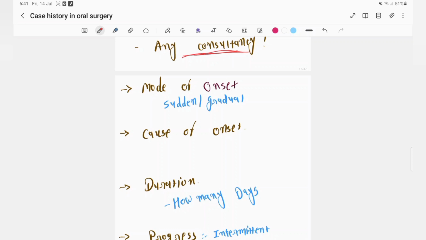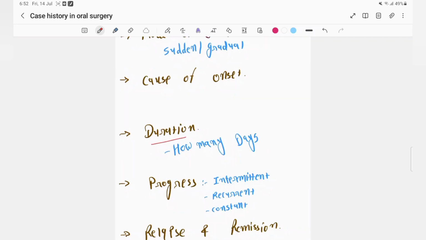We have to start from the first, that the patient was eating an apple, or we can write that the patient had a hard bite on a food, and because of this they started this pain. Then what is the duration? So it should be noted since how many days the complaint was present.